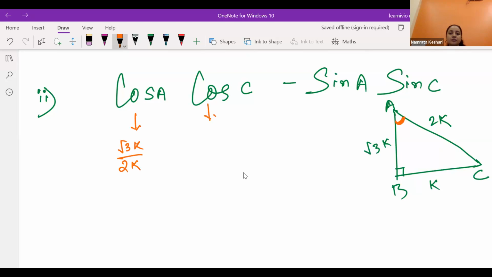What will be cos C? K by 2k. Yes, k by 2k. What will be sin A? Root 3k by 2k.